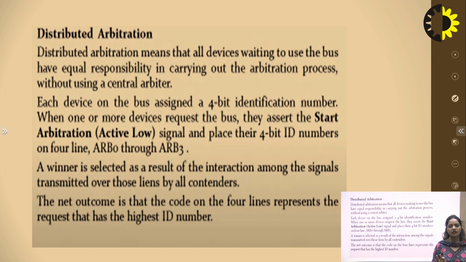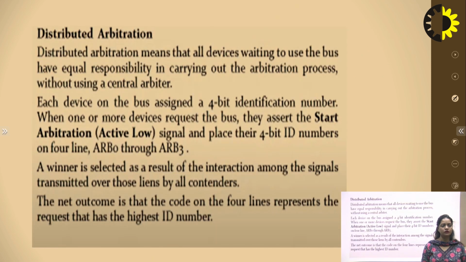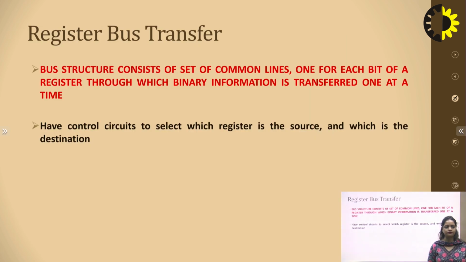But the difference is that any one of them can become master. The masters in the previous schemes are fixed, like this controller, but here all the masters have equal chances to become the master of the scheme. That is distributed arbitration, in which all the devices waiting to use the bus have equal responsibility in carrying out the arbitration process.